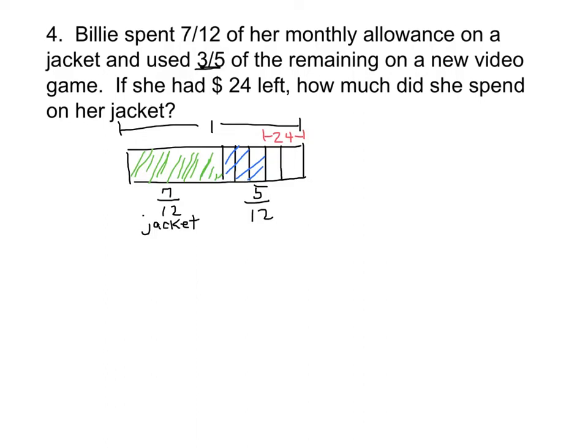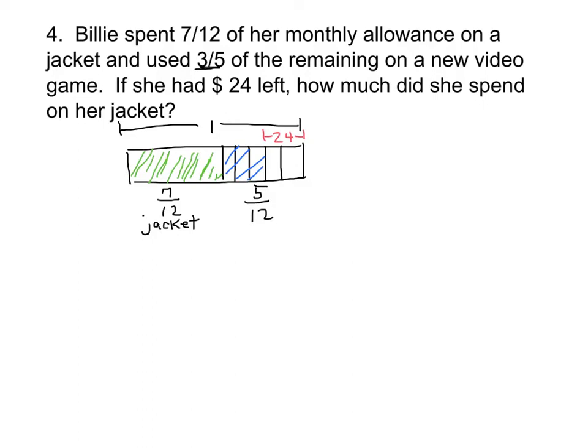We know that there were 5 pieces left after that, 5/12 left, and she spent 3 of those 5 pieces, or 3/5 of what was left, on a video game. She had 2 of those pieces, or 2 of the 5 left, and that was $24.